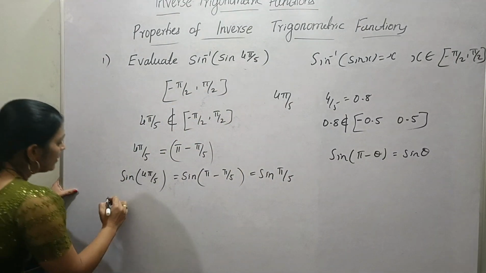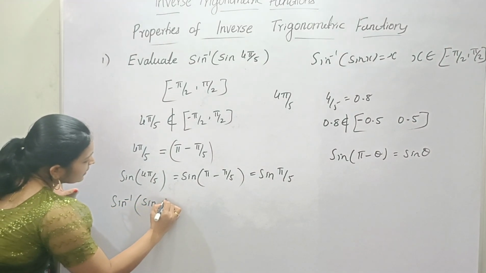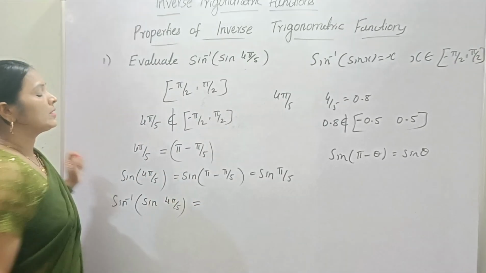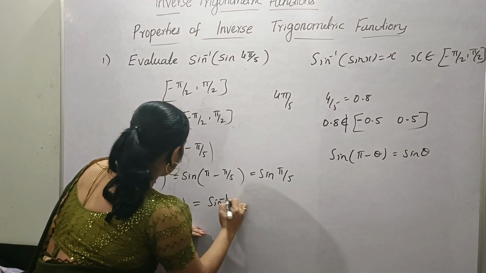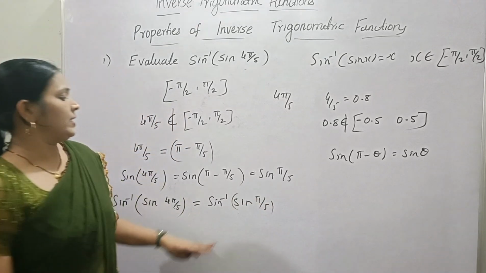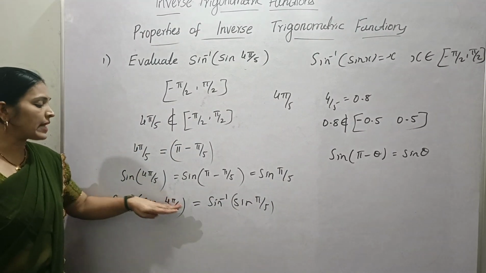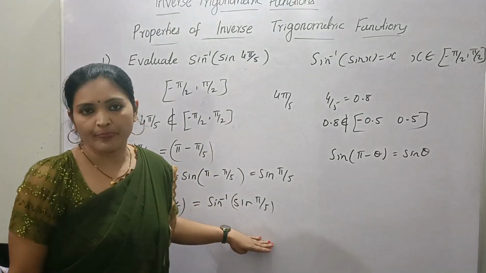So, sine inverse of sine 4 pi by 5 is equal to sine inverse of sine pi by 5.